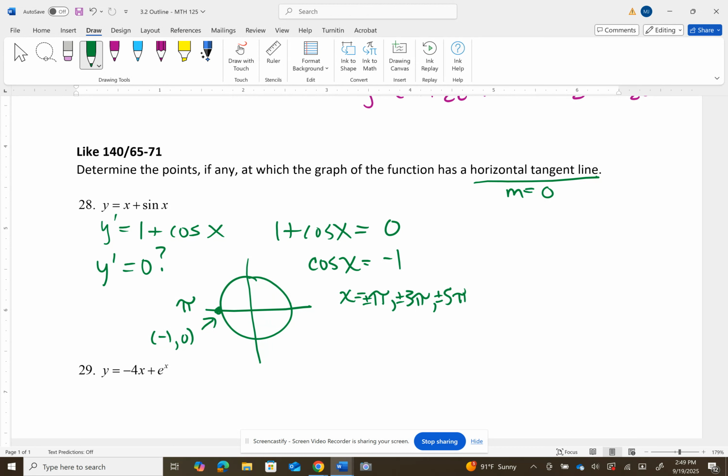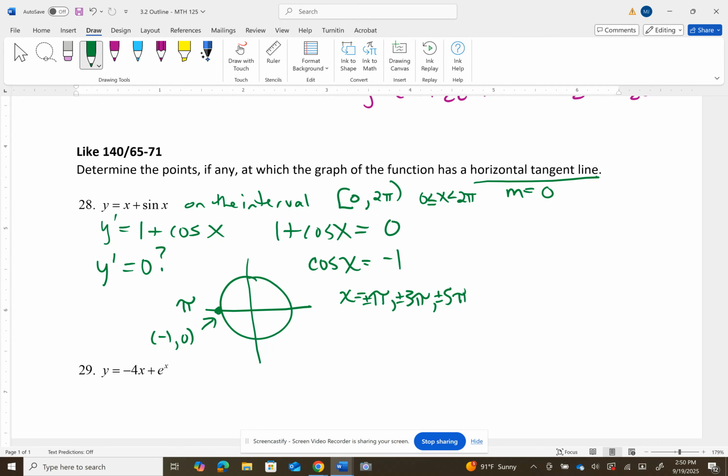Now what they're typically going to do, I just didn't remember to put it on here, is they'll say determine the points, and they'll say on the interval from 0 to 2 pi. So they might write it using interval notation, or they might write it saying 0 is less than or equal to x, which is less than 2 pi.